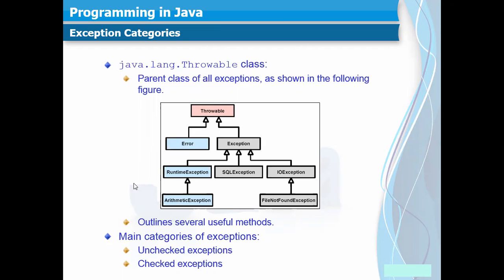In exception, it contains the runtime exception, SQL exception, IO exception, arithmetic exception, file not found exception. These belong to the exception. This exception is again in two categories. One is unchecked exception, another is checked exception.